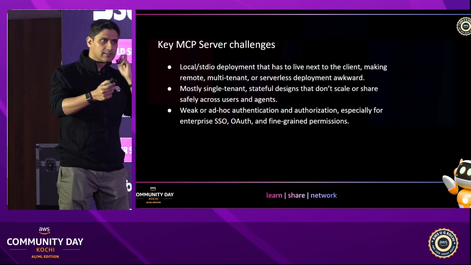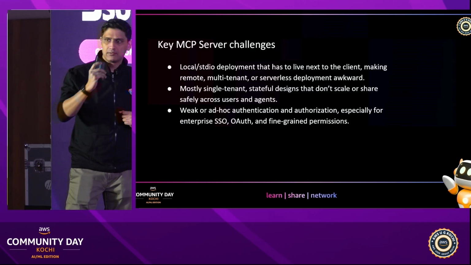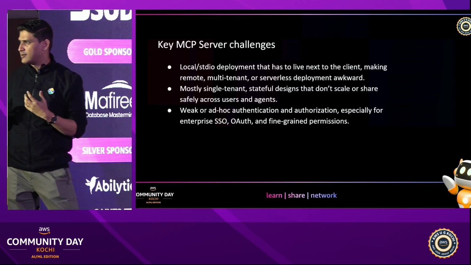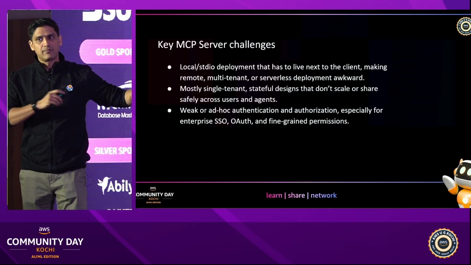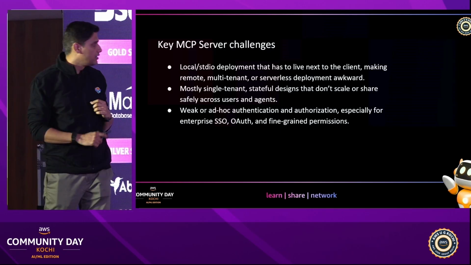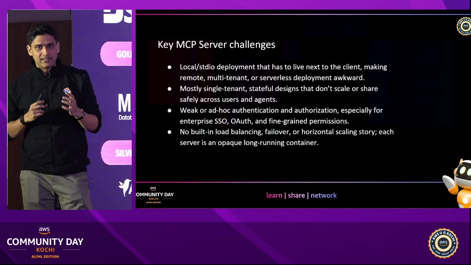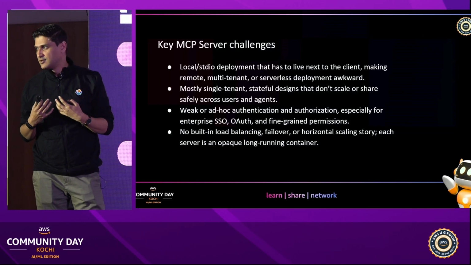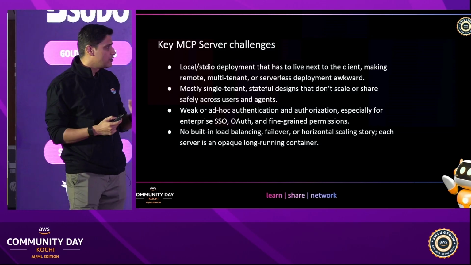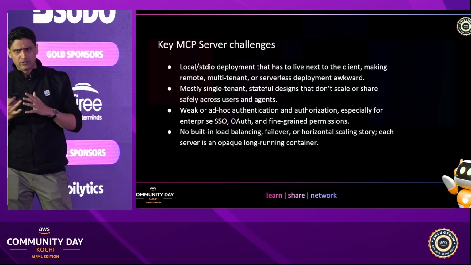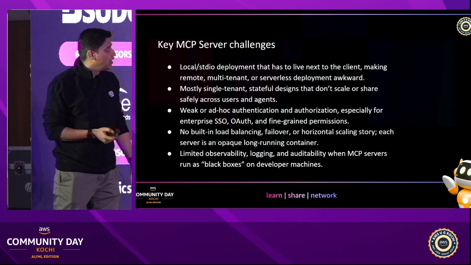I think a gentleman raised that point, like there is no RBAC. How are you going to handle whether this particular agent should be accessible by this particular user only, right? No built-in load balancing, the way we are doing these days in traditional microservices architecture, there's no built-in load balancing and failover and horizontal scaling, right?